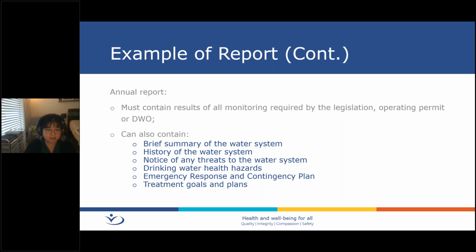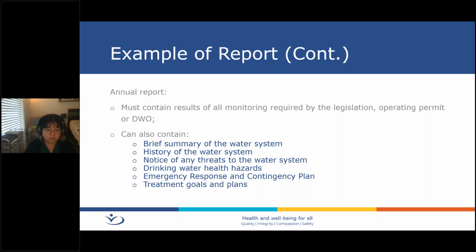You would indicate that and the reason why, whether there's any drinking water health hazards identified. Also, you can include a summarized version of your emergency response and contingency plan as part of your annual report.